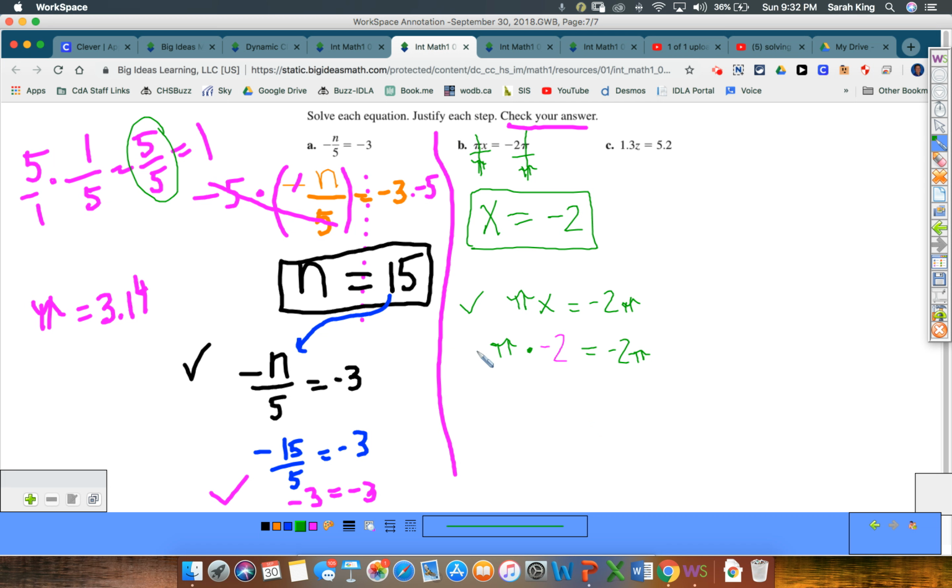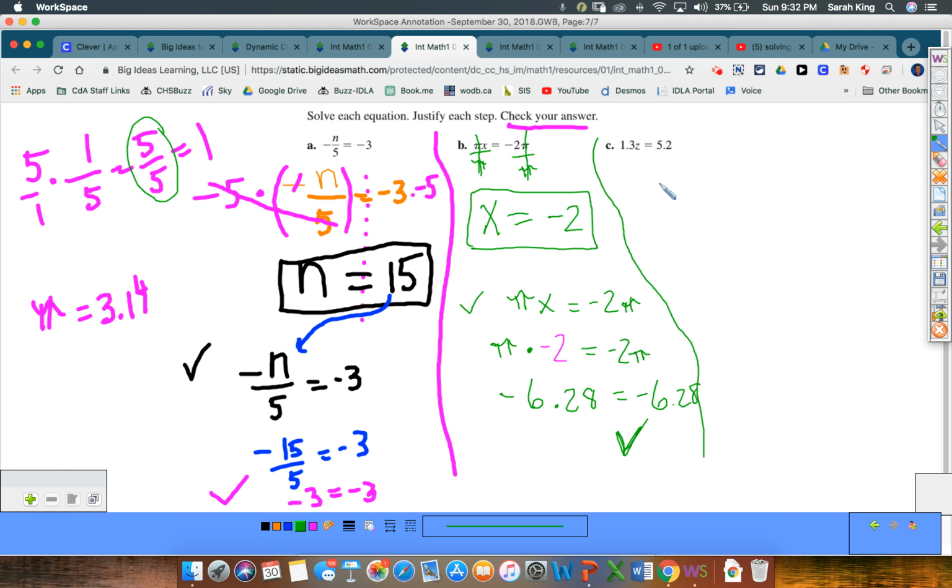And so we could do the arithmetic out, and you'd get like -6.28 rounded, because I would take my 3.14 and multiply by -2, and it would equal the same thing over here, -6.28. All right, and it would check out. Yes, this one does check out. Nicely done.